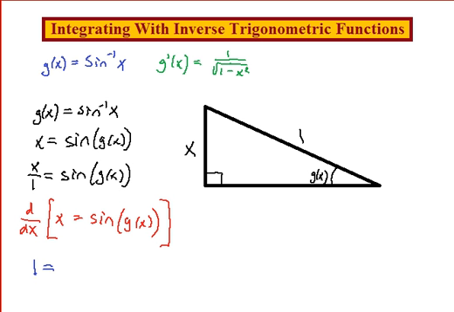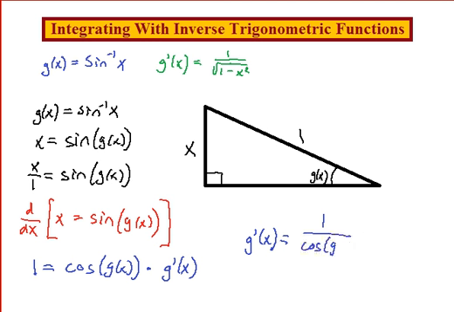And the derivative of sine of g of x requires the chain rule. We end up with cosine of g of x multiplied by the derivative of g of x with respect to x, which I'll just call g prime x. This is what we're looking for. If g is inverse sine of x, then g prime is what I want. G prime is equal to 1 over cosine of g of x.